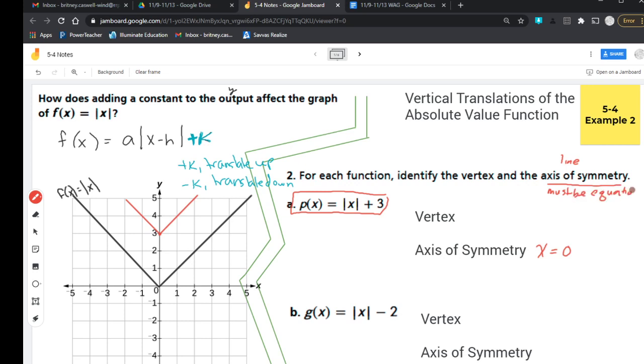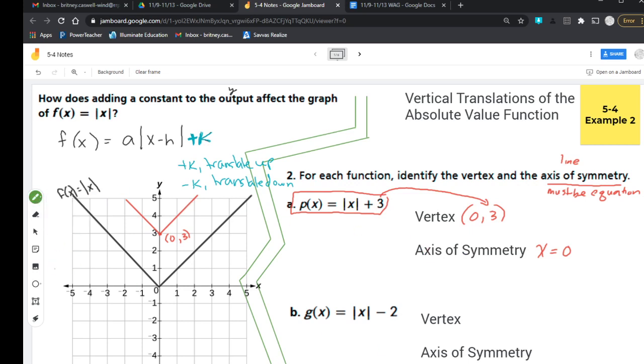That's why I say x equals 0 here, to talk about that vertical line. Okay. Now the vertex is this point here, which is at 0, 3. So it's worth noting that that k value, whatever it is, is the y value of the vertex. Kind of neat.